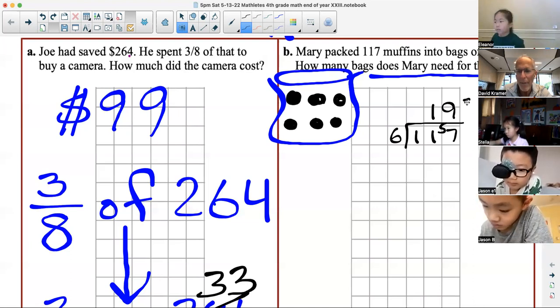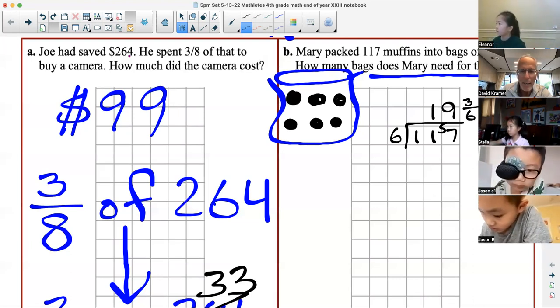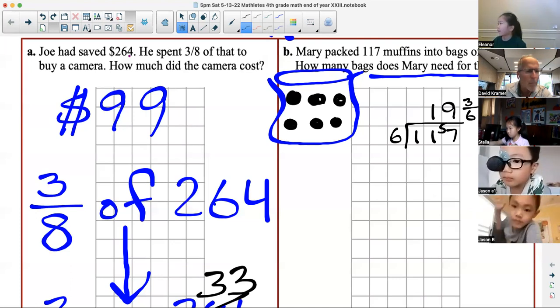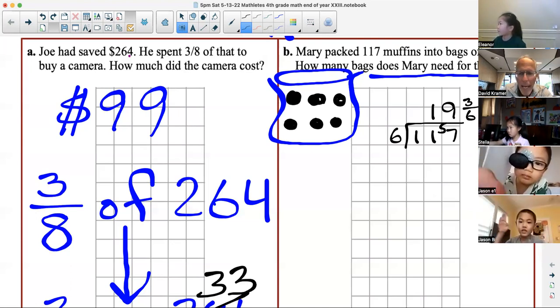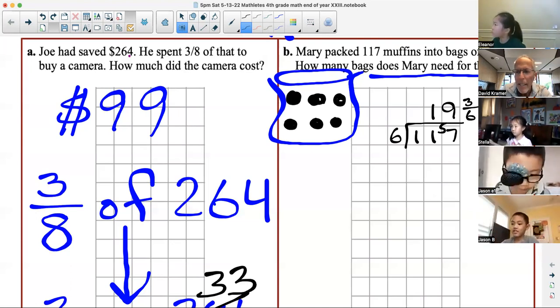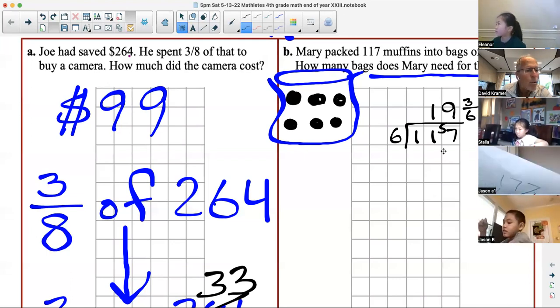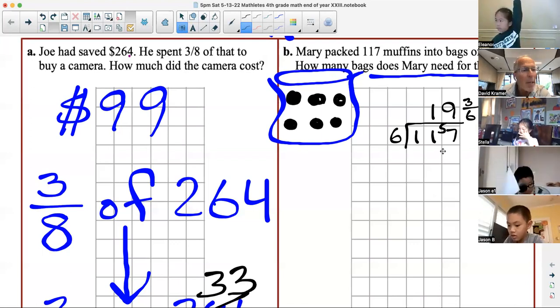So 19 and 3/6. And 19 and 3/6 is the same as 19 and 1 what? Come on, everybody. Go ahead, say it. Right. So wait a minute. Who thinks they know the answer to the question? How many bags will she need?